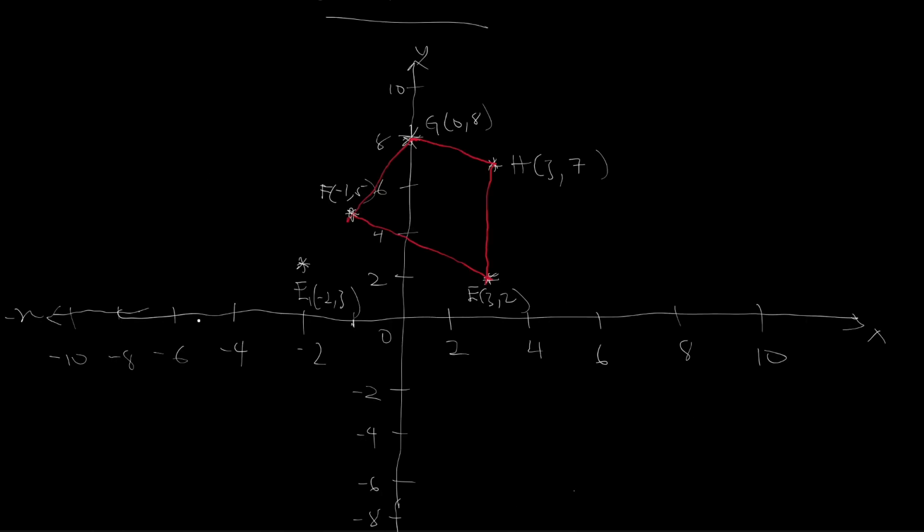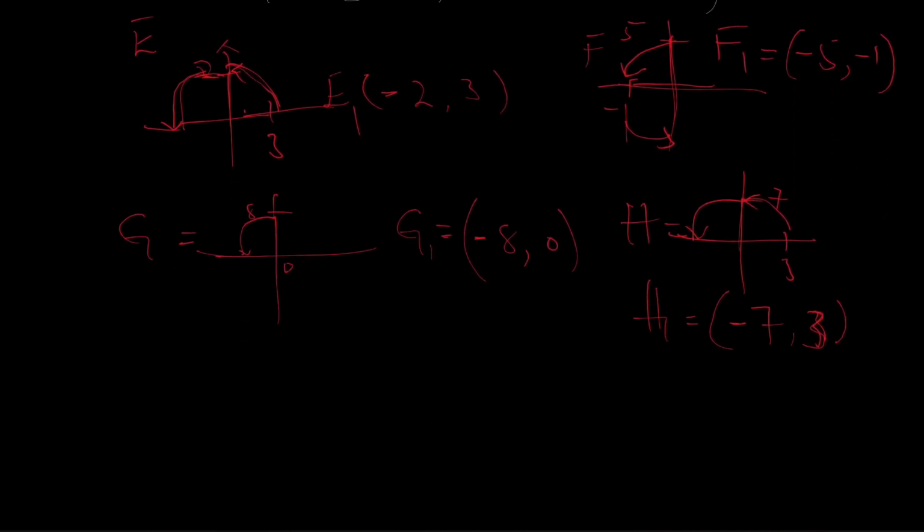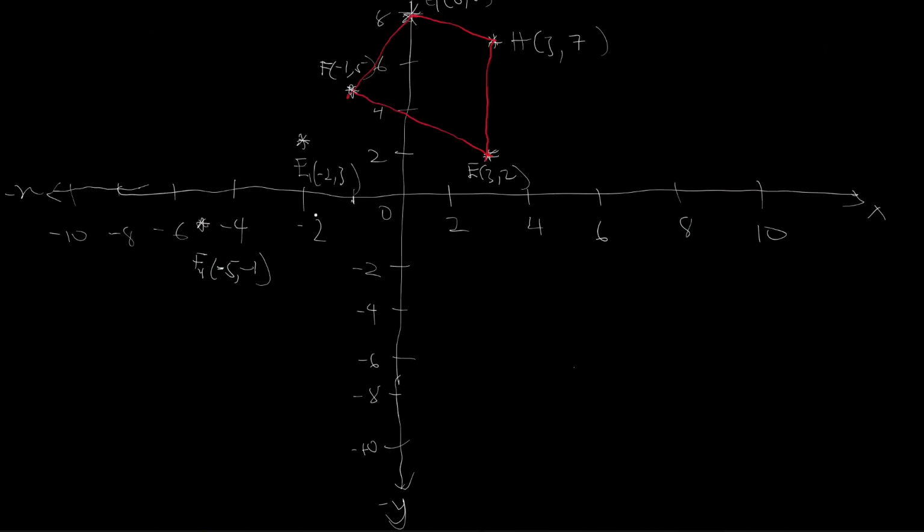So negative 5 should be here, negative 1 should be here. So we have F1 (-5, -1). Our G1 should be (-8, 0). So negative 8 should be here.